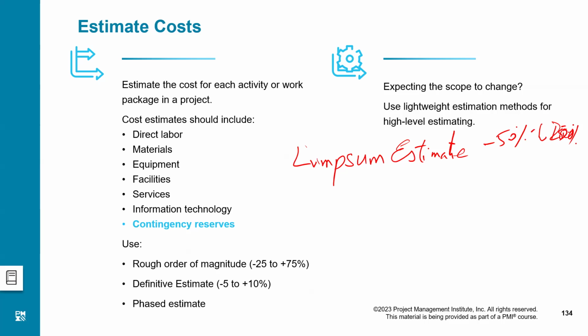That means if the estimate given to you was $100,000, because a lump sum estimate is not accurate, it could be done earlier or it could be done later. It could be done in less money, it could be done in more money. Less money means it could be done in $50,000 or it could be done in $200,000. So the variation in the lump sum estimate is too big because it is not accurate.